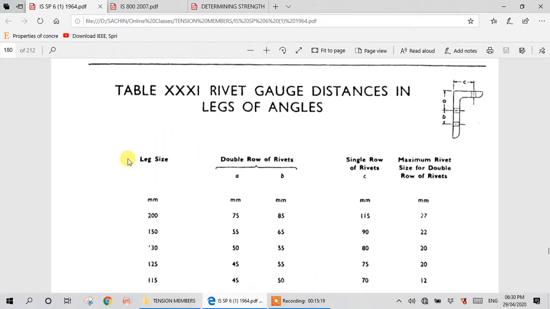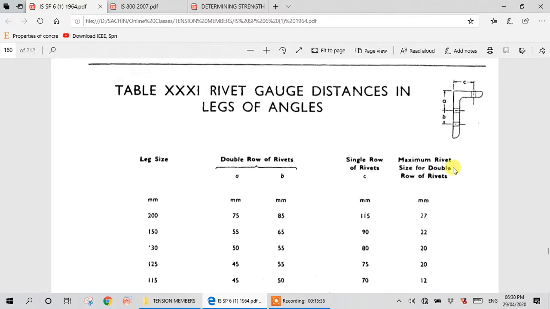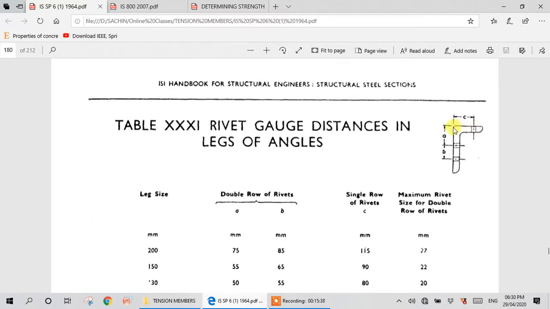So here leg size is mentioned, and A and B values are mentioned. So particularly right now we don't need A and B, we need C. So the length of angle leg, that is the connected leg, is 100. So the value of C will be 60. That means from this particular point to the center of the bolt hole it will be 60.